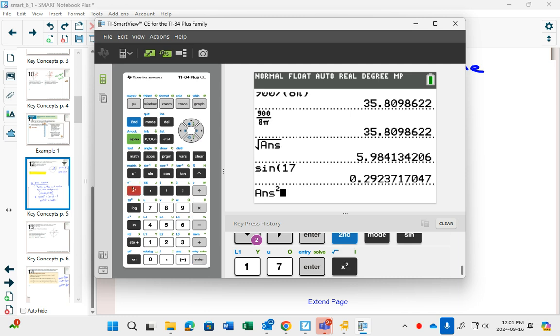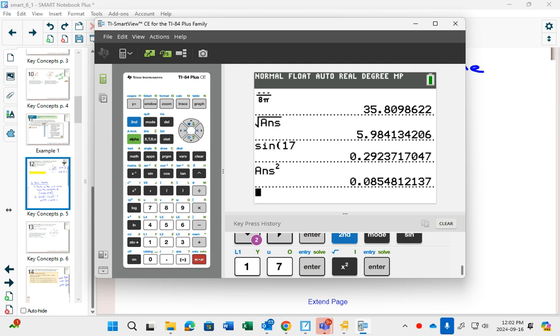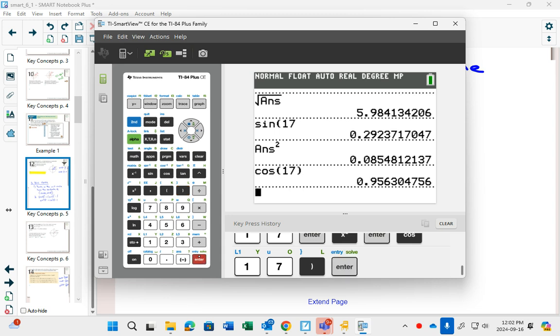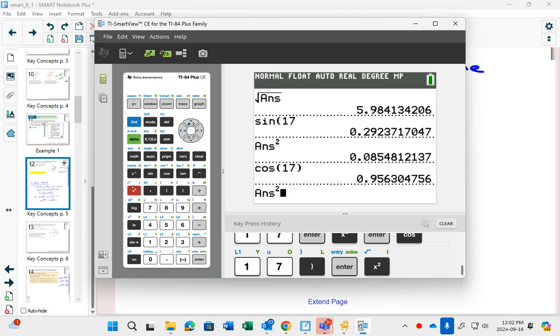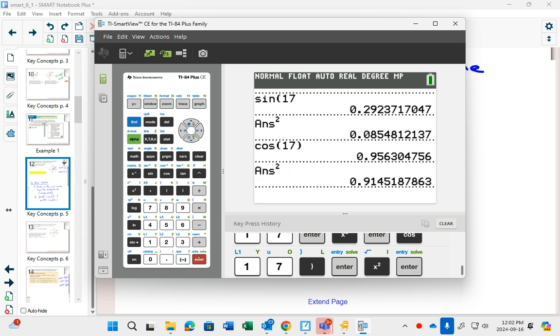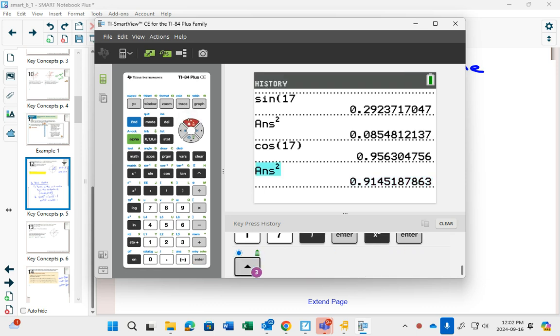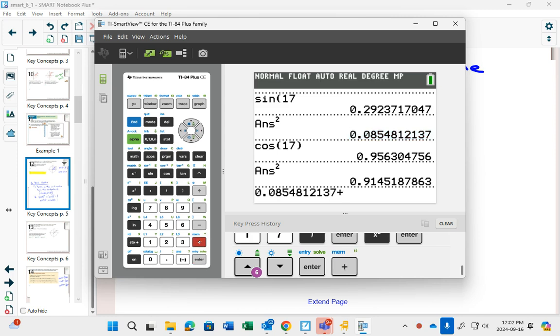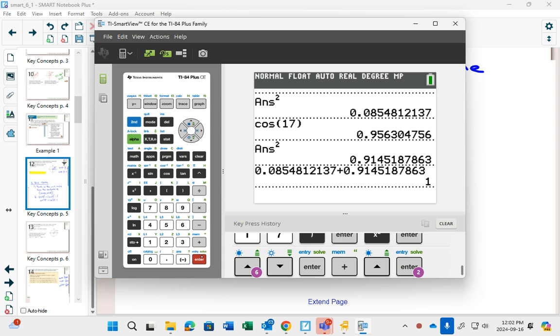We're going to square that number and memorize that. Then the next thing we did is we did cos of 17 degrees. 11 decimal places. And then we squared that. And then I said, take this number that you had here and add it to this number here. Get 1.